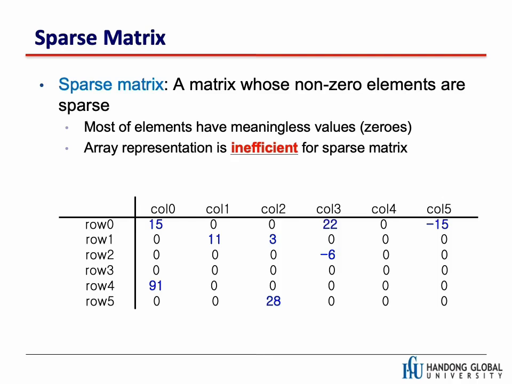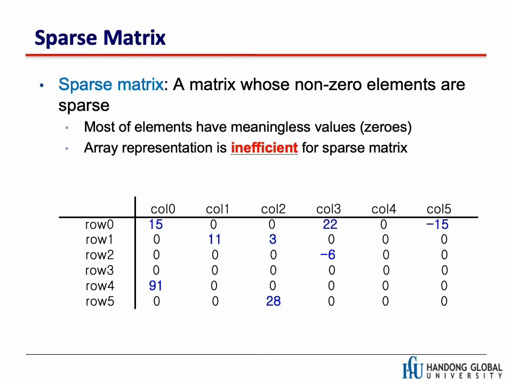We have millions of users and millions of items, and we buy a few of them, a few out of a million items. So likewise, we have many situations where the matrix is sparse.